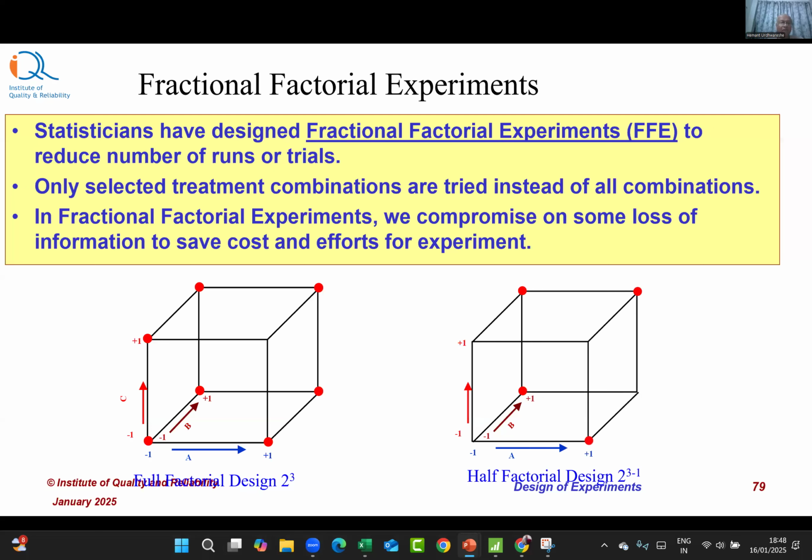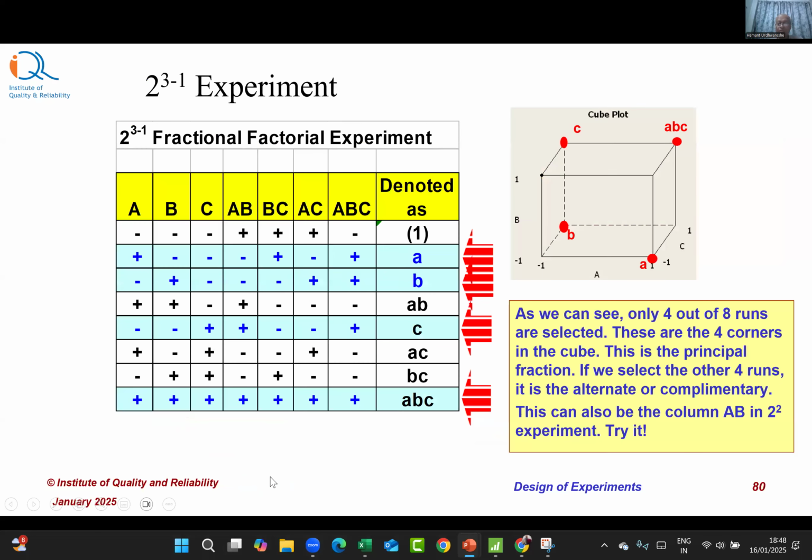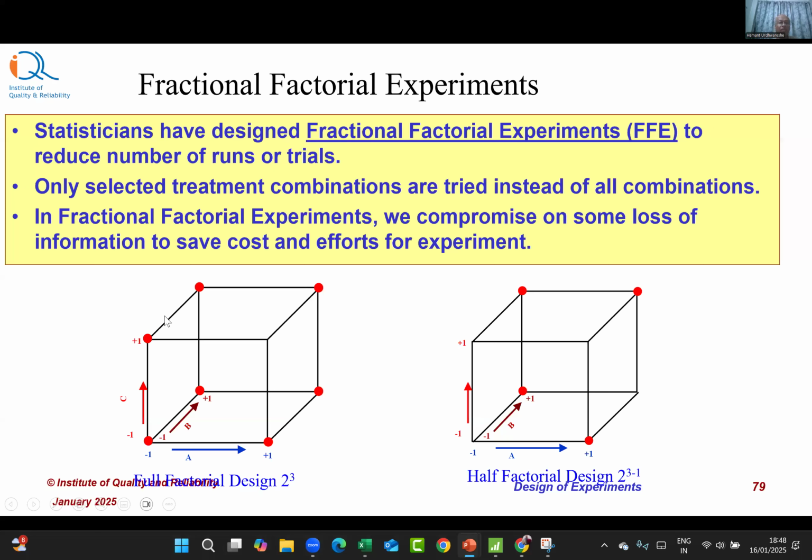So the left side graph shows a full factorial design for three factors, 2 to the power 3 design. While if you select only ABC plus one runs, probably you will select these four corners only. So this is A, this is B, this is C and ABC. So you will select only these four runs if you are doing a half fraction or 2 to the power 3 minus 1.